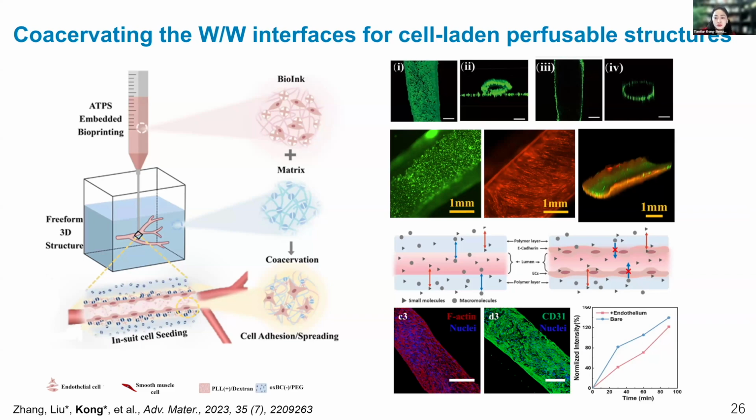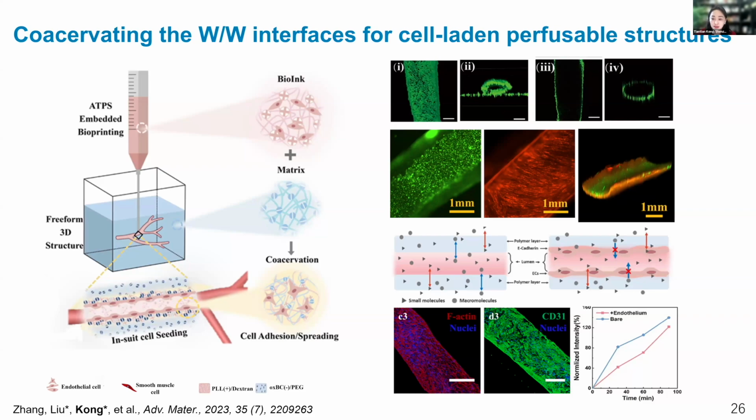After 3 days, we can see that the inner and outer surfaces of the hollow fiber membrane form a confluent layer of endothelial cells. These cells express the correct biomarkers, and we tested their barrier function, confirming they effectively mimic native structures.